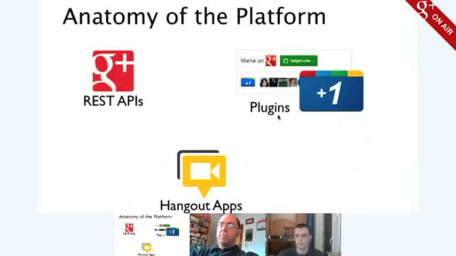There's also the plugins, which are probably the ones you're most familiar with, because you've probably seen the +1 button in a lot of places, and hopefully you've seen the badge elsewhere also. These go on web applications and are a way that you can actually insert data into Google+ via shares. And finally, below are the really fun Hangout apps, and these allow you to write interactive applications that are real-time collaboration between people who are participating in a Hangout.